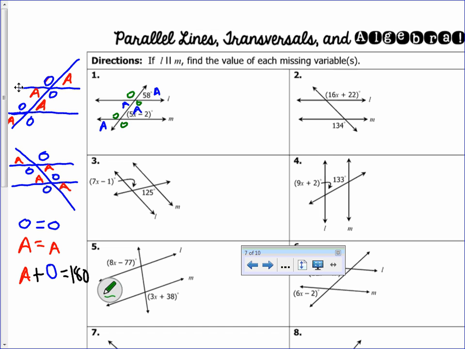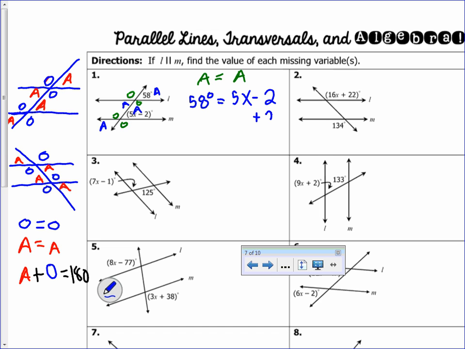So since all my acute angles equal each other in parallel lines that are cut by transversals, I can set up this equation. I can say 58 degrees equals 5x minus 2 degrees. And then I can solve for x. We're going to do this again.